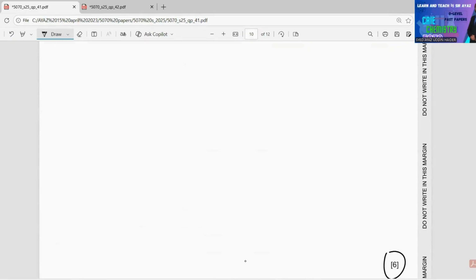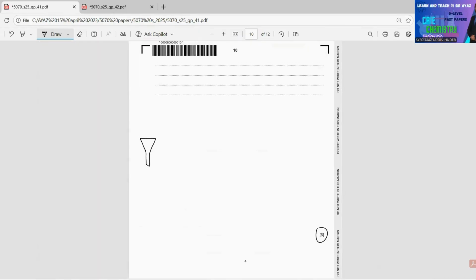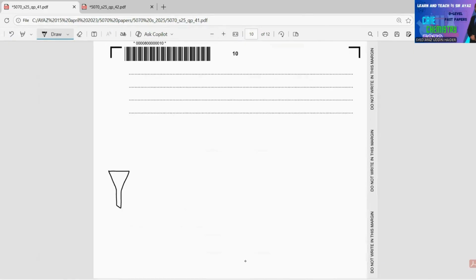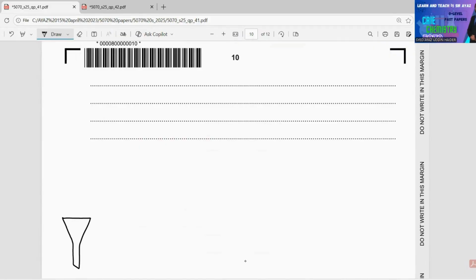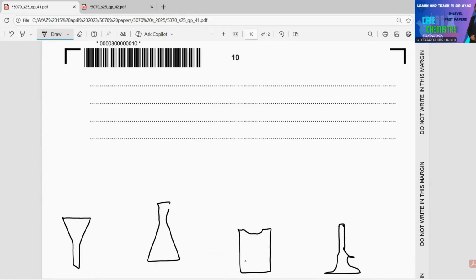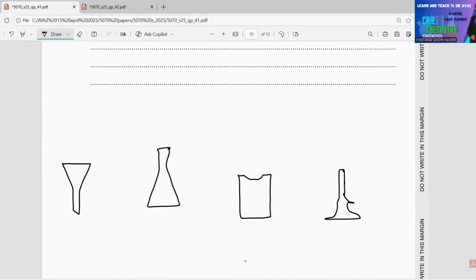I'm going to gain 2 marks by drawing any two of these. For example, look at this. So you have all the apparatus. Name it.